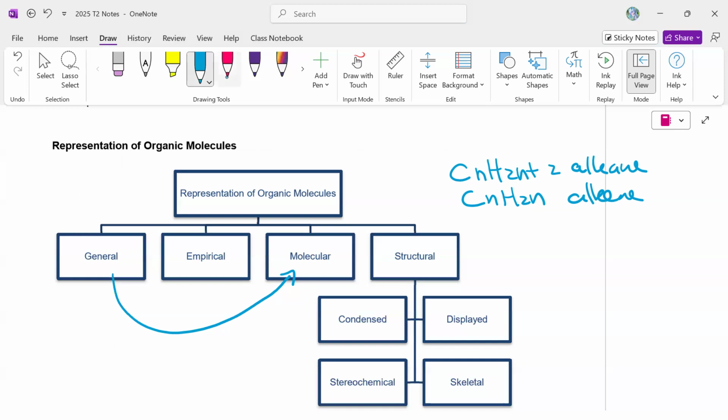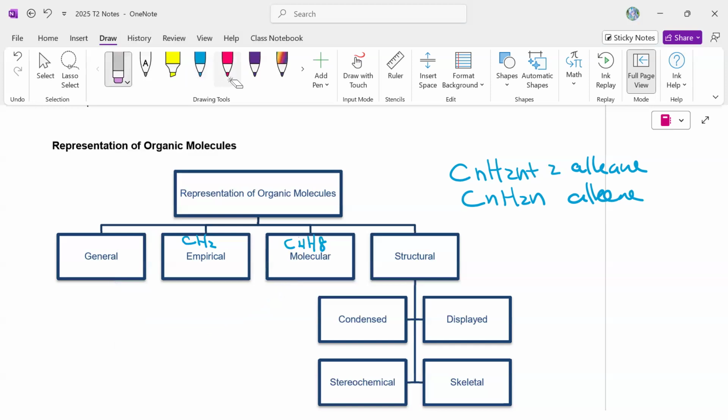Okay, now if the molecular formula is simplified into the lowest terms, then we get the empirical formula. For example, if I have C4H8, which is a butene, and I give it in the lowest terms, I get CH2 as the empirical formula. But you see, CH2 doesn't tell us much, whereas C4H8 tells us that there are 4 carbon and 8 hydrogen atoms that I must be drawing.